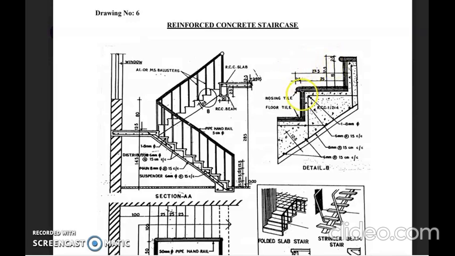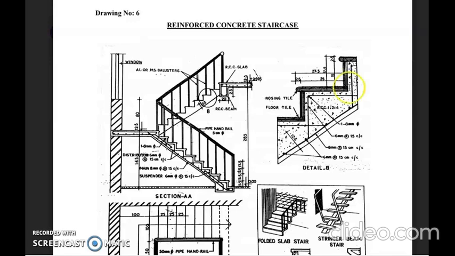The horizontal distance from this point to the same point of the next step is called tread, the foot placing width of a step. And you have to find the number of treads and number of rises to draw a staircase.